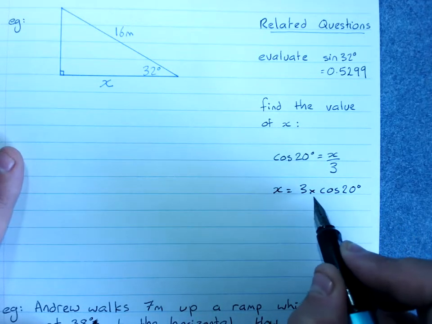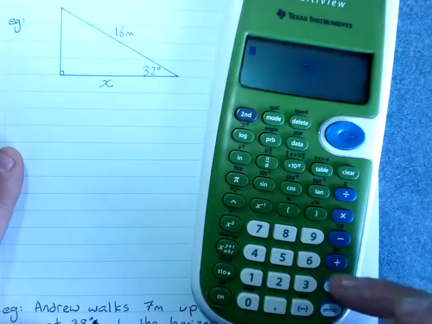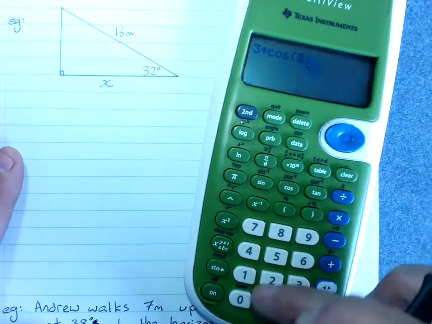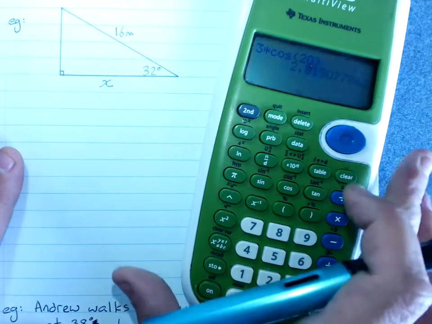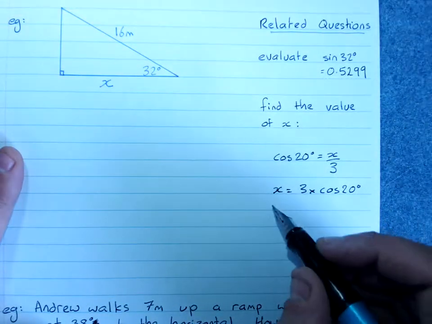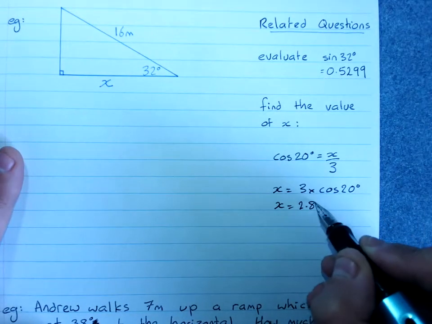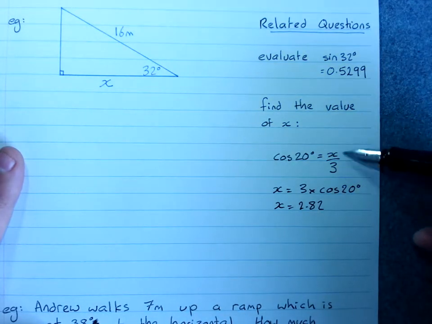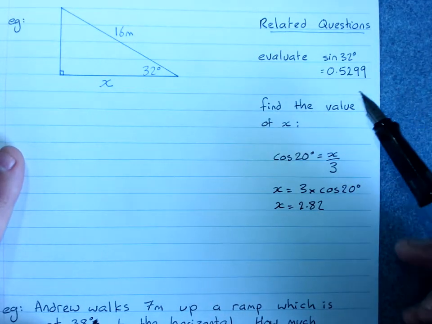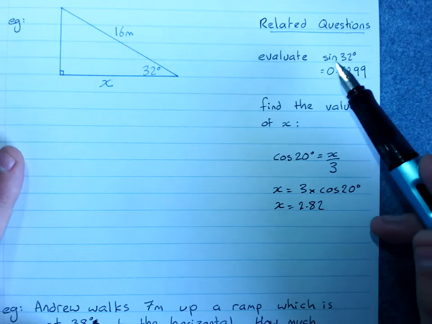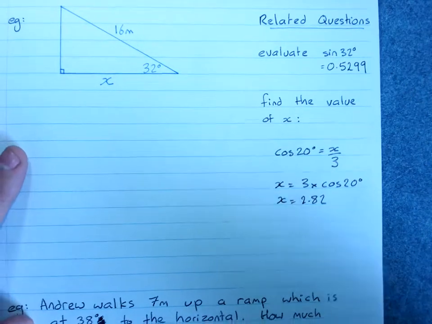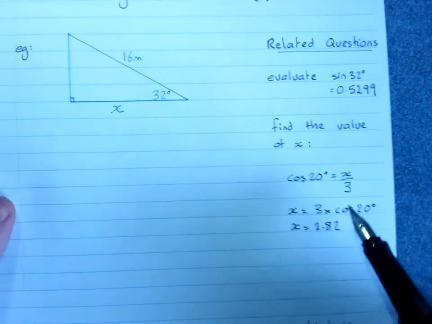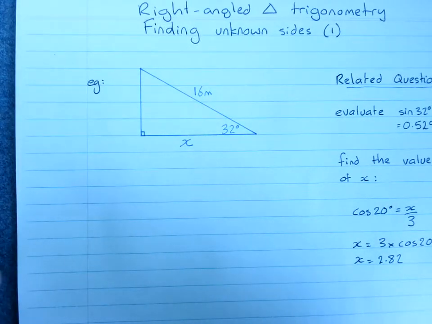We can just do 3 times cos of 20 degrees. X would be 2.82. So if you just get given a little equation like this, or asked to evaluate sine, cos or tan of an angle, that's how we'd do it, because they go towards being able to solve this sort of question.